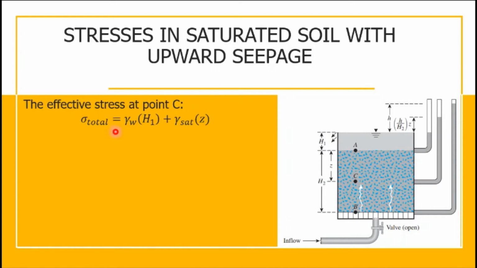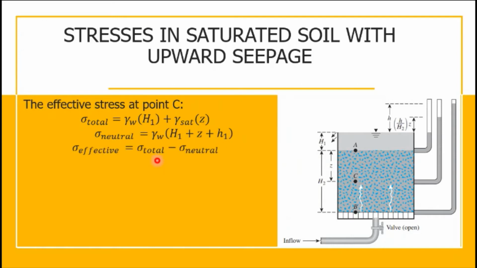The total stress is equal to the unit weight of water multiplied by H sub 1 plus the saturated unit weight of this soil multiplied by Z. The neutral stress is equal to the unit weight of water multiplied by H sub 1 plus Z plus the seepage at point C, which is equal to H sub 1, which we already solved earlier.